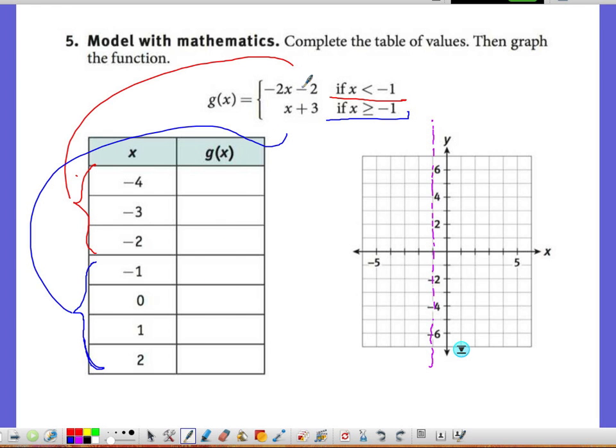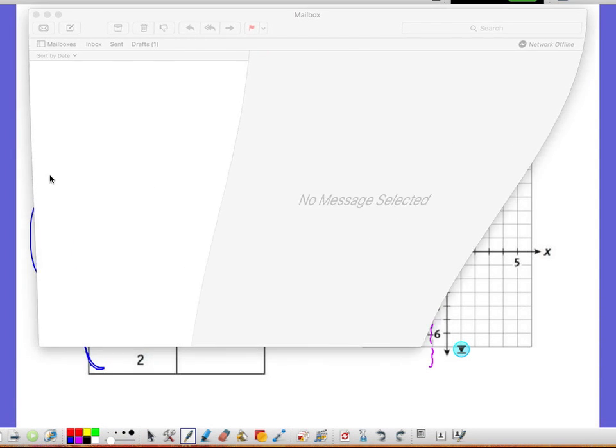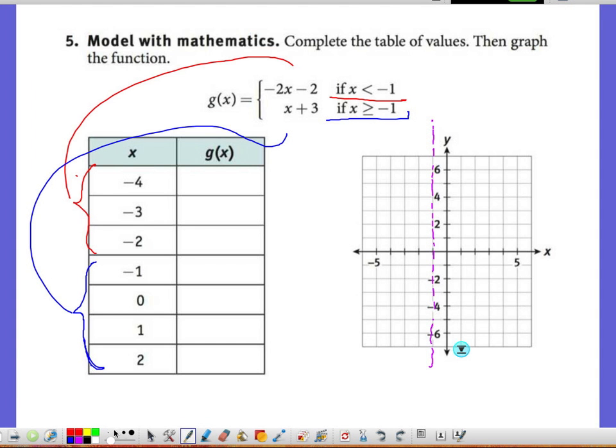So if I were to graph this, let's start with x plus 3. My y-intercept is going to be at 3. And my slope is 1 over 1. So if I rise 1, run over 1, I'm going to rise 1, run over 1. And notice that I can just keep on going.